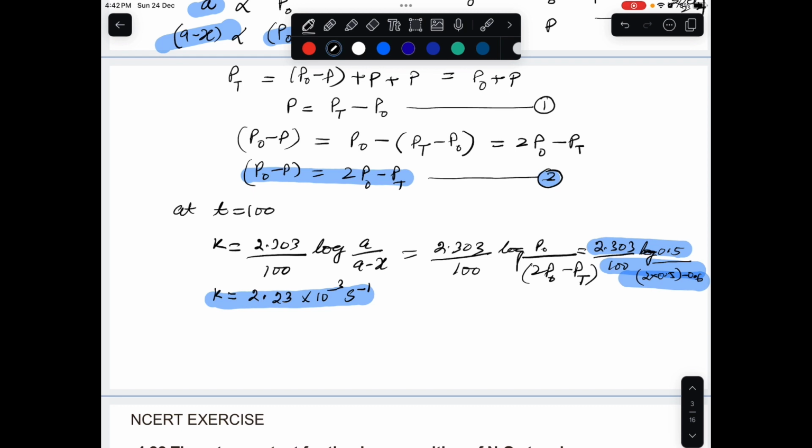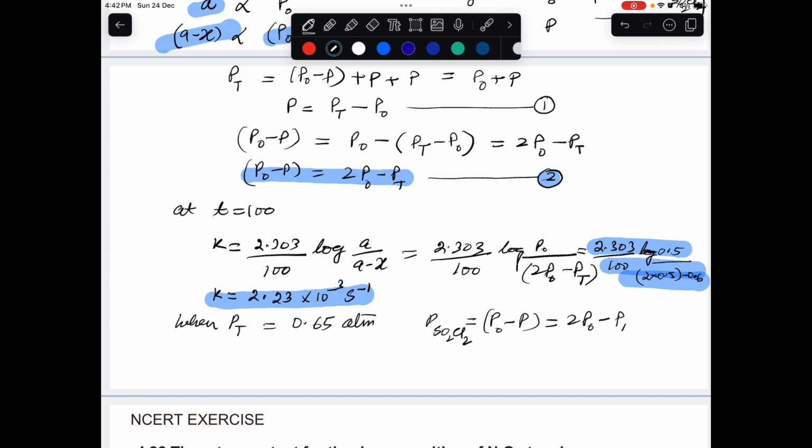When your total pressure is equal to 0.65 atmosphere, at this time we should know the partial pressure of SO2Cl2, which is equal to P naught minus P, and this is equal to 2P naught minus P total.